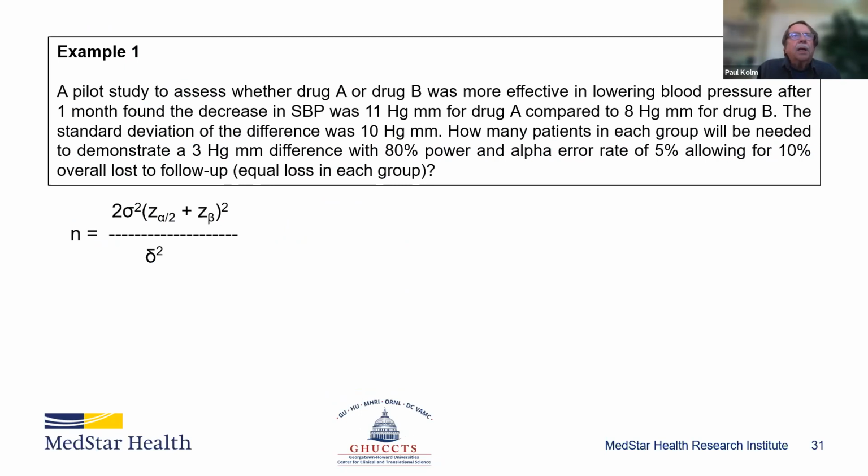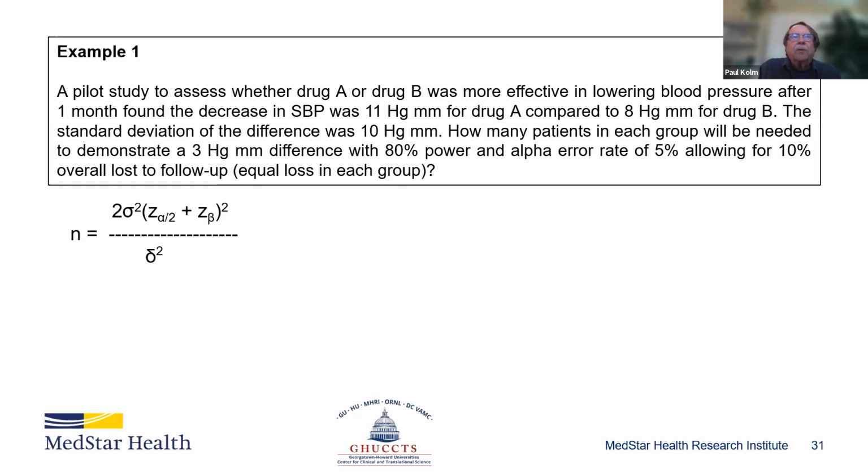The decrease in systolic blood pressure was 11 millimeters of mercury for drug A and 8 for drug B. We're going to then calculate the standard deviation of the difference, which we'll assume is fairly large in this case, 10 millimeters of mercury.